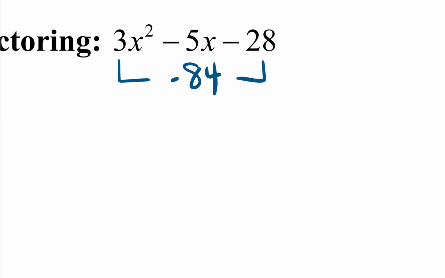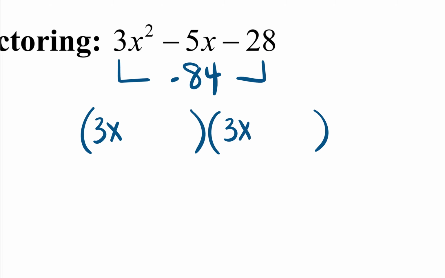So, negative 84. And then I know I'm going to have 2 parentheses. I always do. That gives me 3x in each one to start out, because my first number is 3. Now you have to think, what multiplies to negative 84 and adds to negative 5?